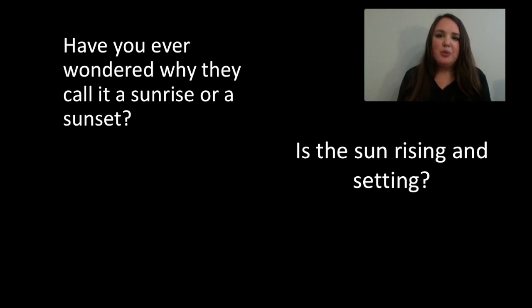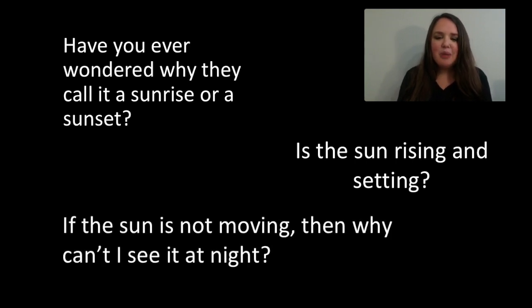We've learned in other grades and through our other experience that no, the sun is not moving at all. It's really the Earth that is moving. And if that's the case, if the sun is not moving, then why can't I see it at night? That's a question that we can use to dig a little bit deeper into these predictable events that occur from the Earth's rotation.